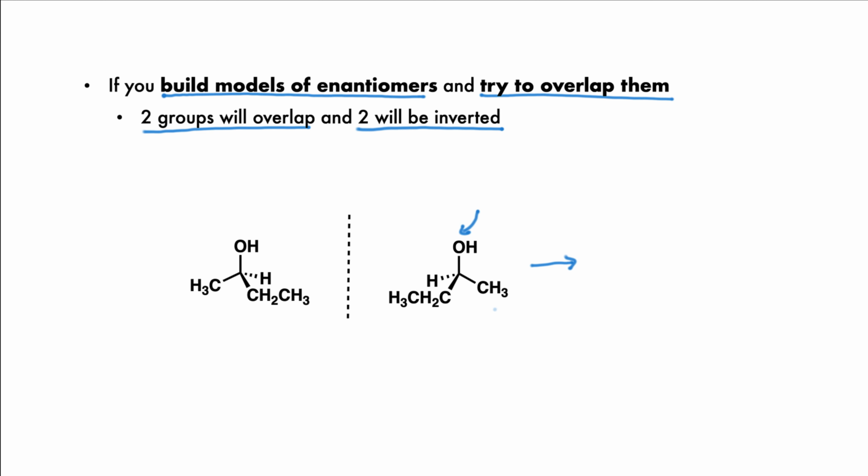If we take the right-hand enantiomer of 2-butanol, we can hold the OH and rotate around the bottom to overlap the methyls with the left-hand enantiomer. What we see is that the methyls and hydroxyls overlap, but the ethyls and hydrogens are inverted.